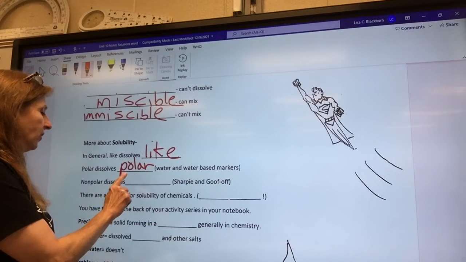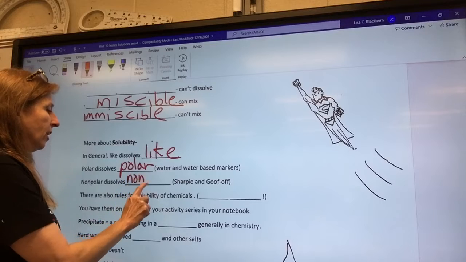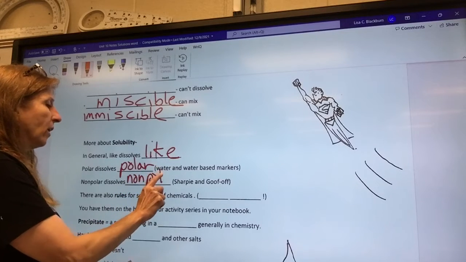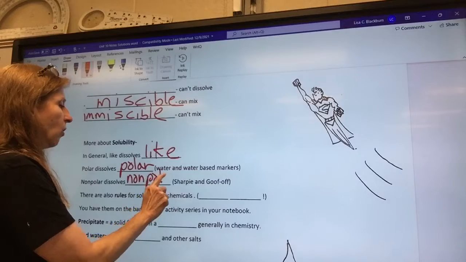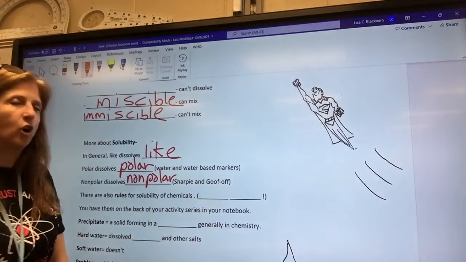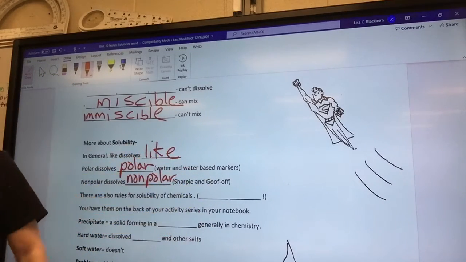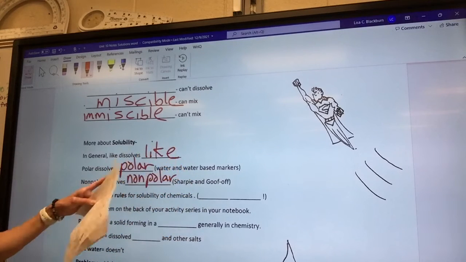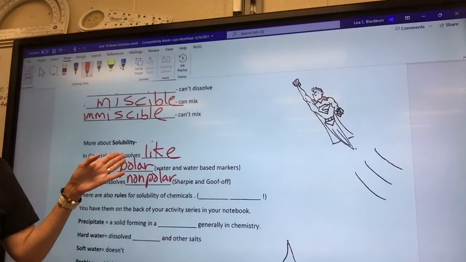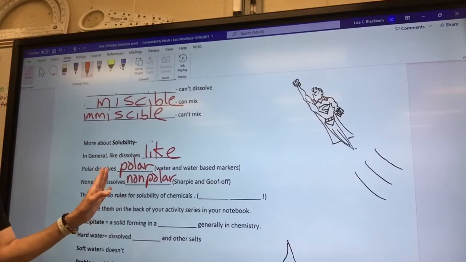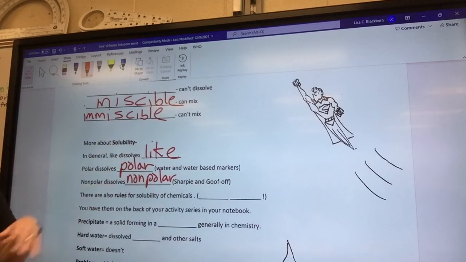It can dissolve nonpolar chemicals, like oil can dissolve Sharpie, or Goof Off can dissolve Sharpie. But water does not take off Sharpie, does it? No. So things that are like water will dissolve in water. Things that are oil dissolve in oil.